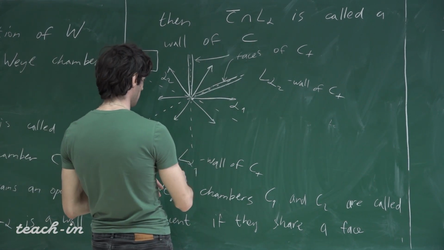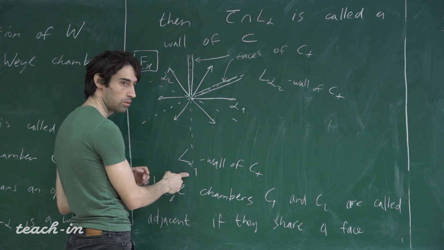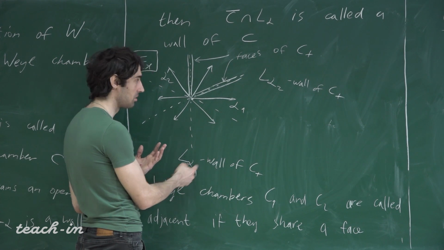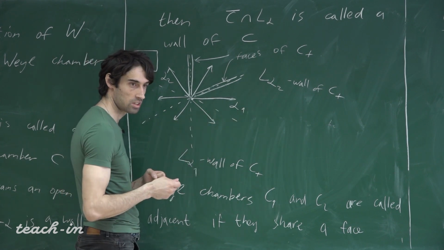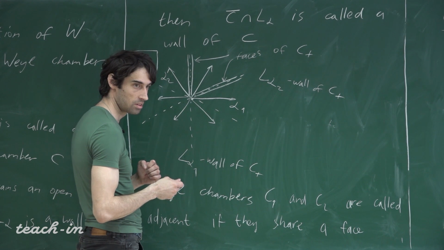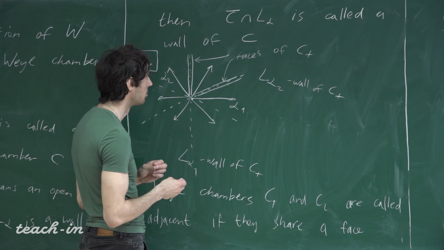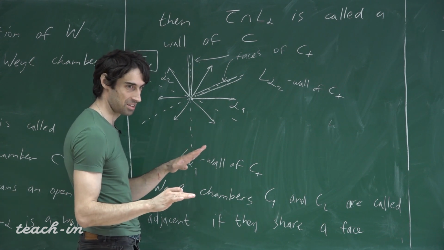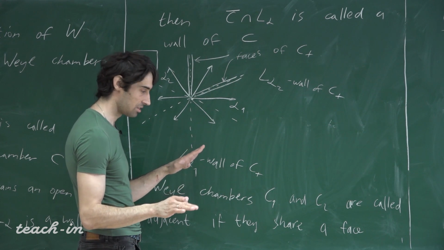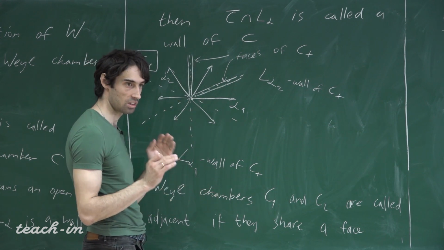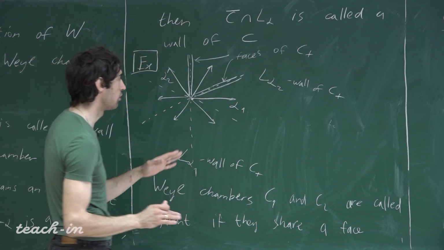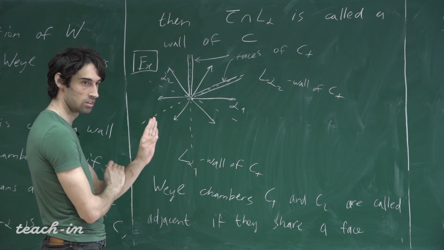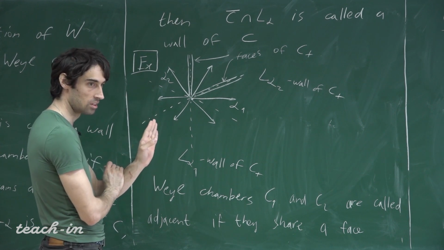I claim about walls that L alpha 1 is a wall of C plus, and L alpha 2 is also a wall of C plus. So I claim that C plus has two walls, L alpha 1 and L alpha 2. Now faces. I claim that a face in this case is a half of a wall.